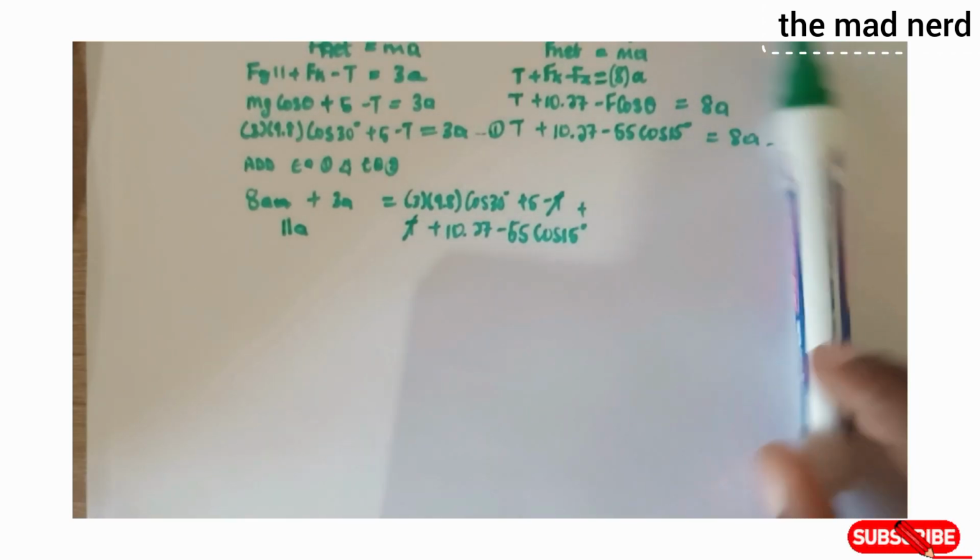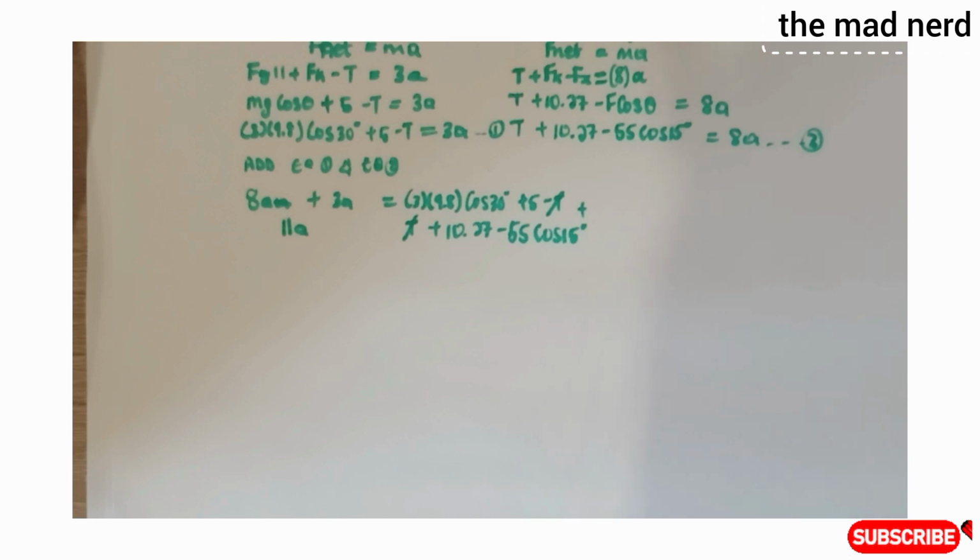So it's 3 into 9.8 cos 30 degrees, and then plus 5, and then plus 10.27, and then minus 55 times cos 15 degrees.